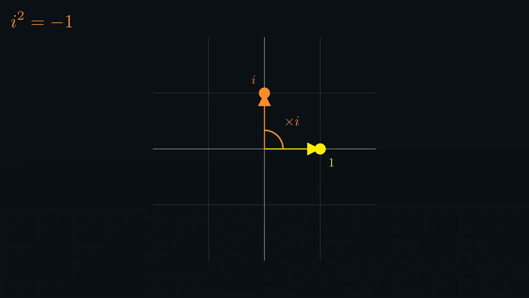That's a 90-degree rotation. Multiply by i again. You get i squared, which is -1, another 90 degrees. Two 90-degree rotations make 180 degrees, and 1 rotated 180 degrees is -1. That's why i squared equals -1. It's geometry.